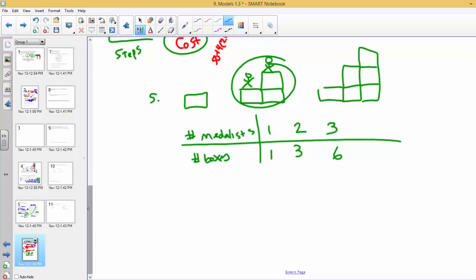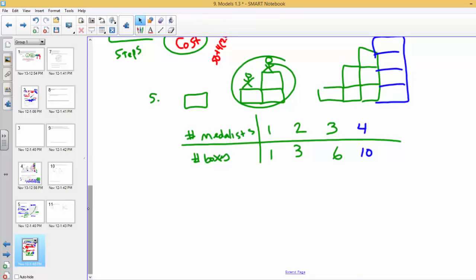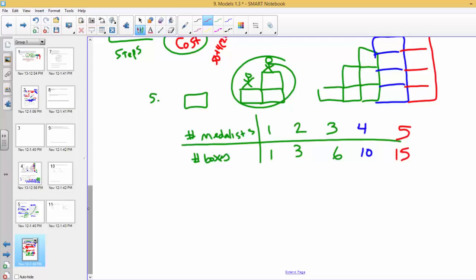So what do you think 4 medalists will have? You're going to add 4. So 10 boxes. And what do you think 5 medalists will have? You're going to add 5 boxes, which you're going to be off the page here. So that's 15.